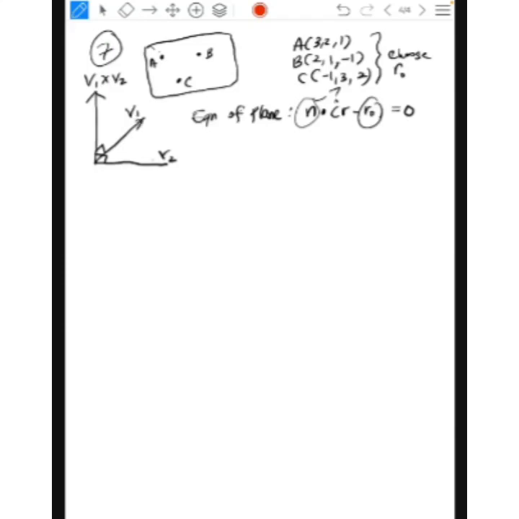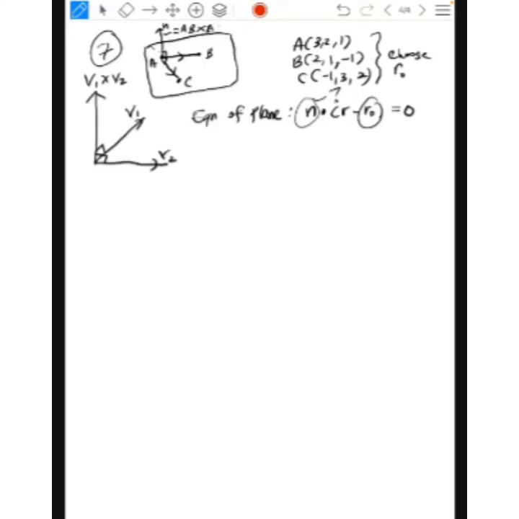Okay, so we will use these properties. So you can choose either this one, and then you will have a normal vector n. The n will be AB cross AC. Okay, now we choose that one.